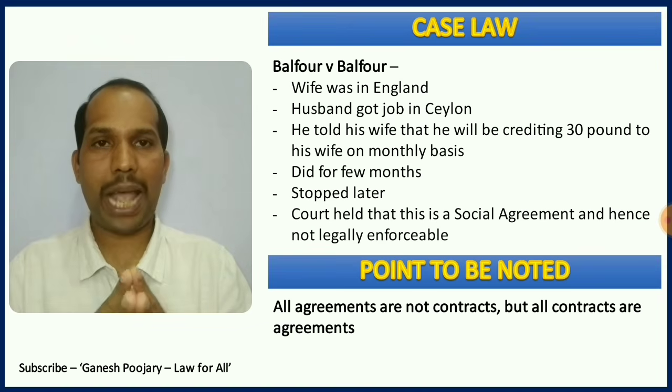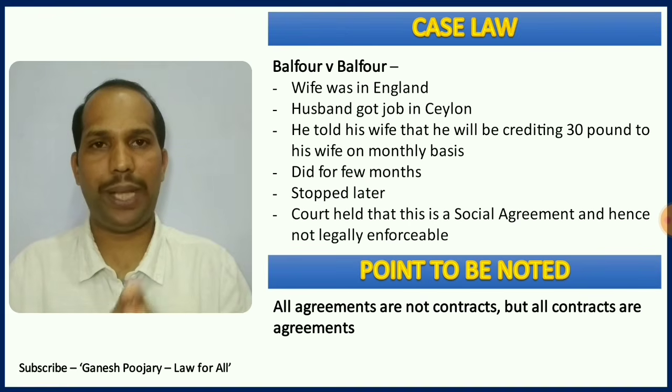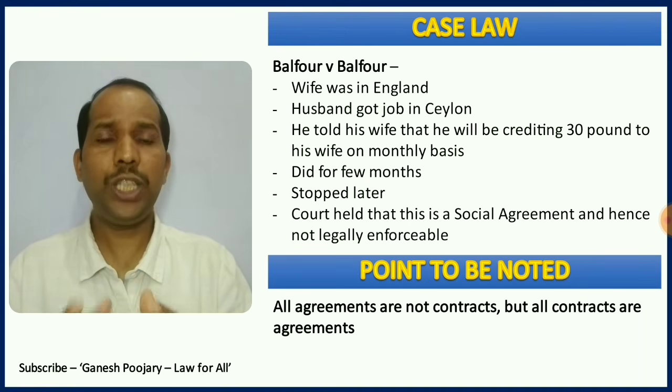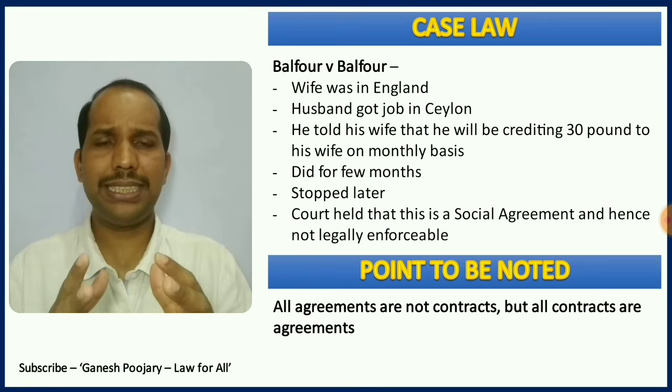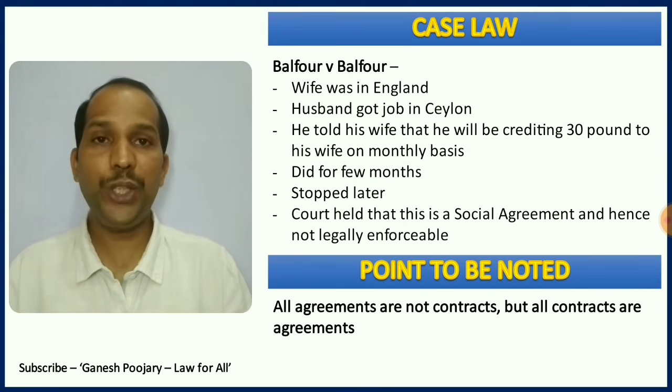Husband and wife were happily living in England, and the husband gets a job in Ceylon. While moving to Ceylon, he says to his wife that he will be sending 30 pounds every month to her. Then he moves to Ceylon, and after reaching there, he starts sending 30 pounds every month to his wife. But after a few months, he stops doing the same.